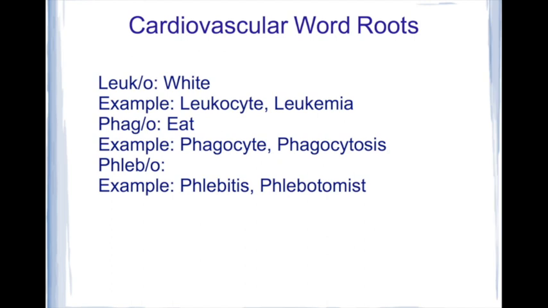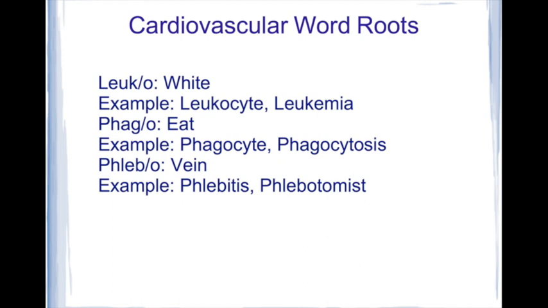Phlebo, like phlebitis or phlebotomist. Phlebitis. Of course, itis means inflammation, phleb. And we think about phlebotomists or phlebotomy. What do phlebotomists do? What do they do in regards to the cardiovascular system? Phlebotomists are the people that stab your veins with needles when you are doing stuff like donating blood.